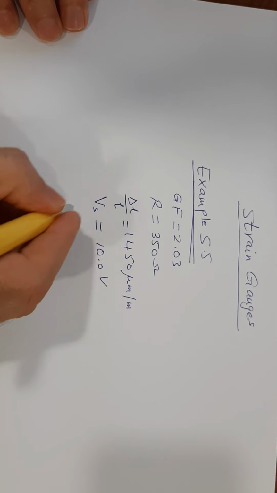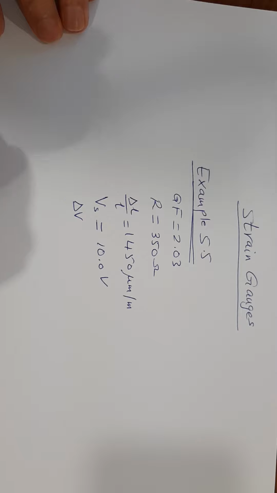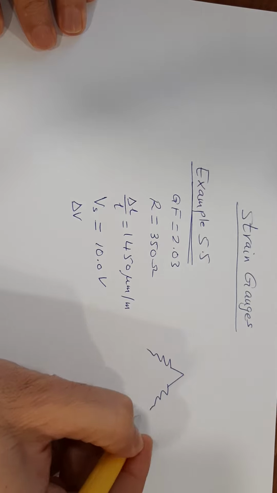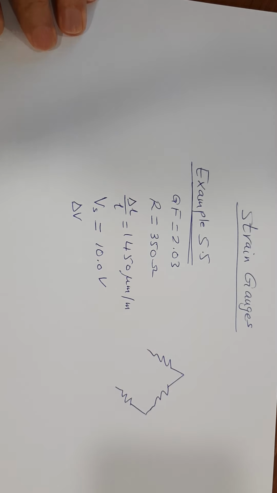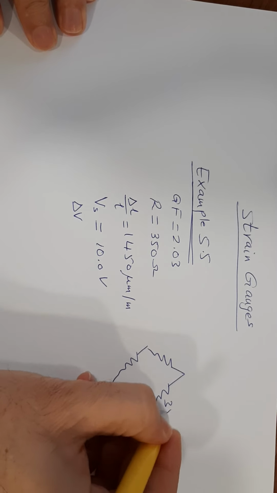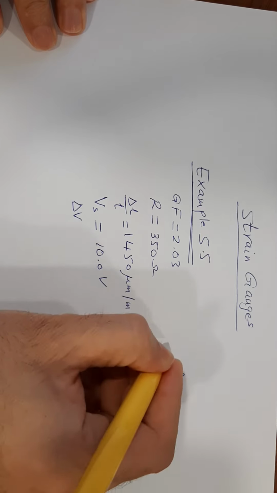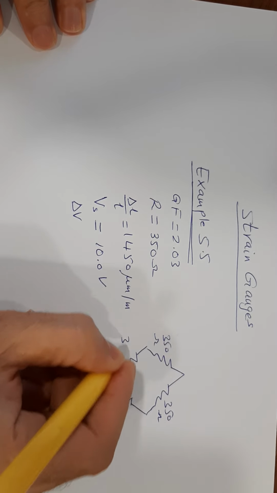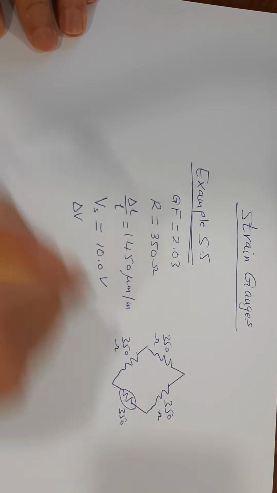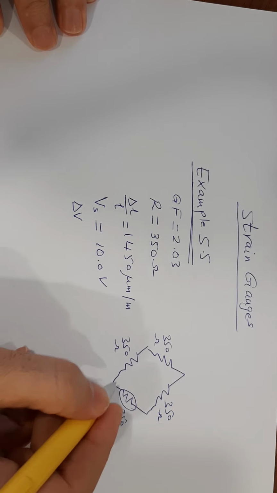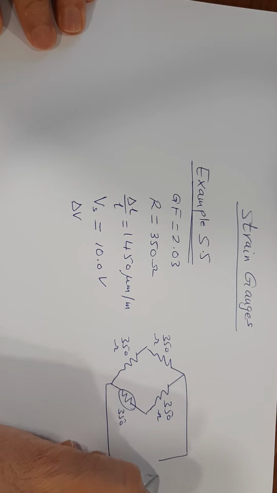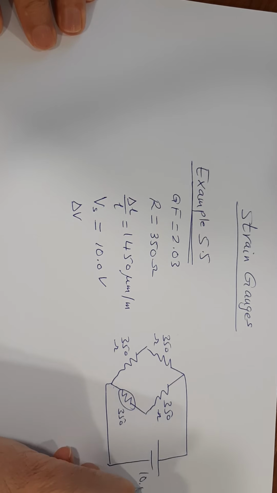Okay, we need delta V, which is the output of the Wheatstone bridge. We have the Wheatstone bridge here. This is 350 ohms, this is 350 ohms, and this is 350 ohms, and this strain gauge here is 350 ohms initially without any strain, and the excitation voltage here is 10 volts.